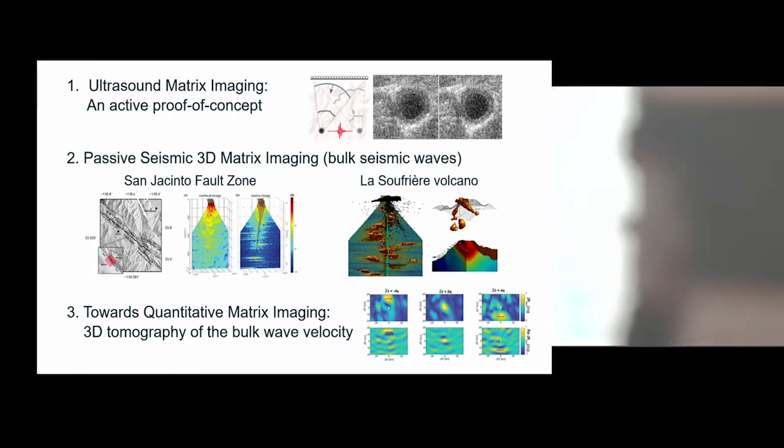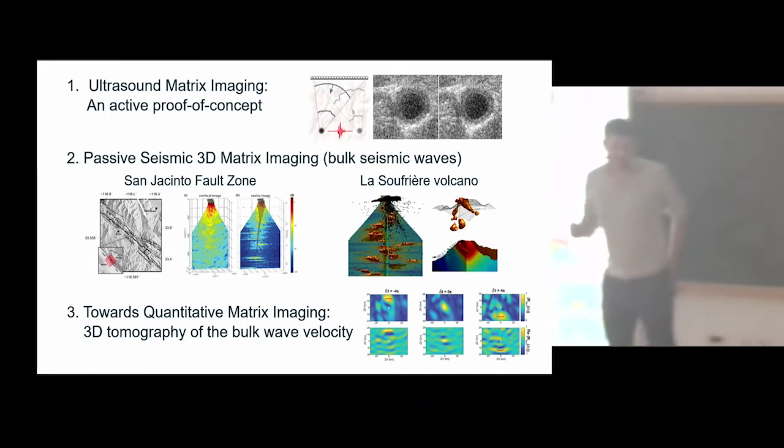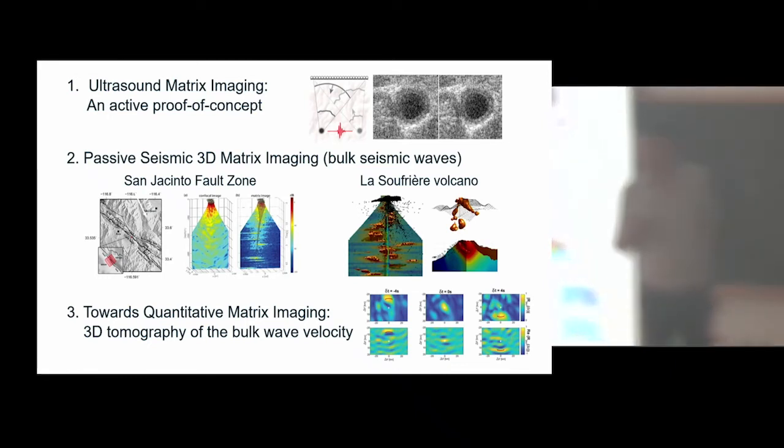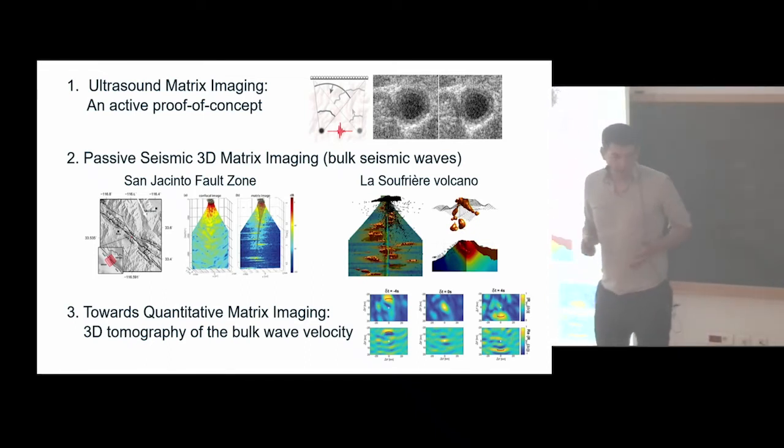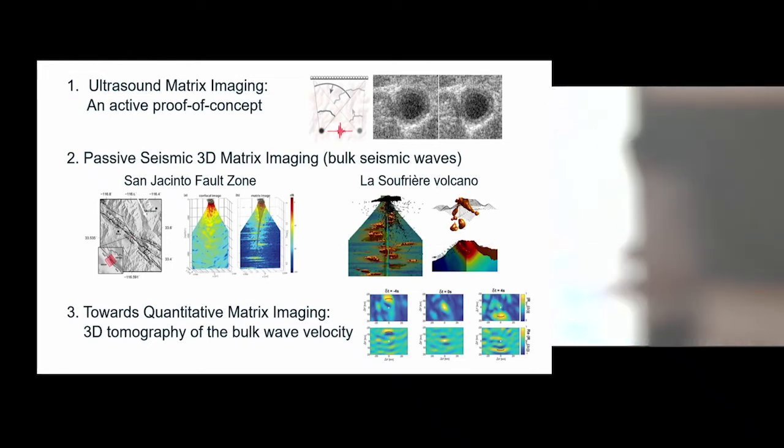And at the end, I will show you how we can take advantage of the matrix approach, not only to build an image of the reflectivity of the medium, but also to map parameters such as the wave velocity or also transport parameters in 3D, only from reflection measurements.